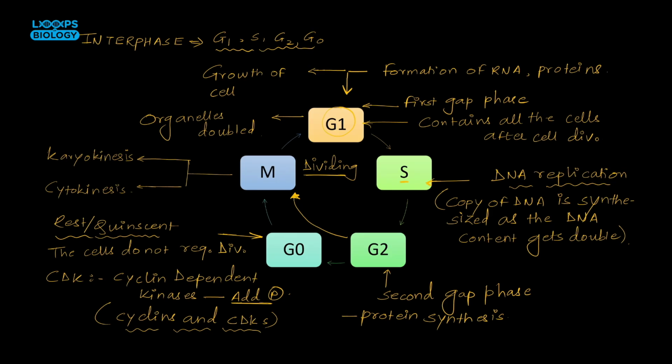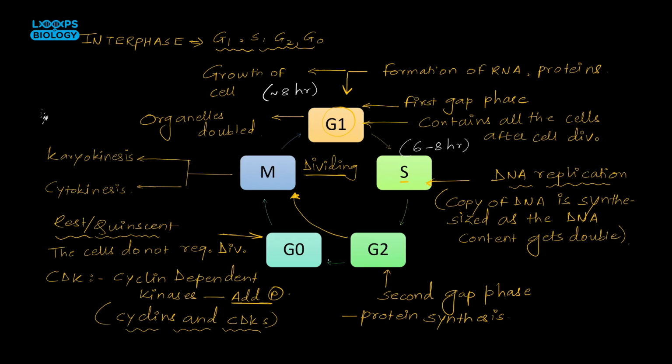dependent on the type of cell. If we are considering a total cycle of G1, S, G2 and M phases of interphase for a 24-hour cell division, in this particular case, G1 is going to take around 8 hours. S phase will take a time of 6 to 8 hours.